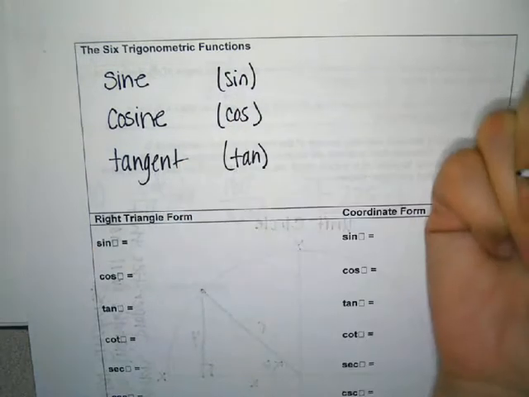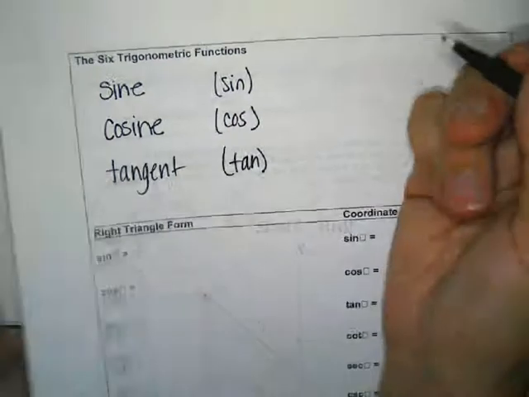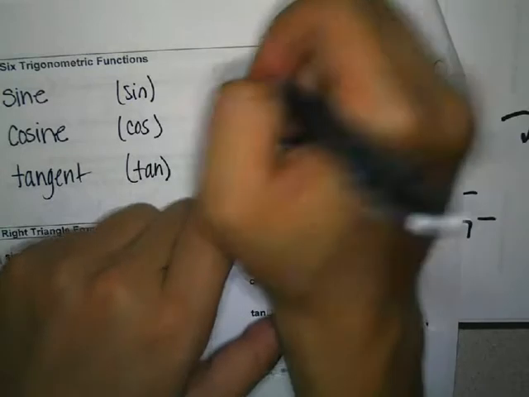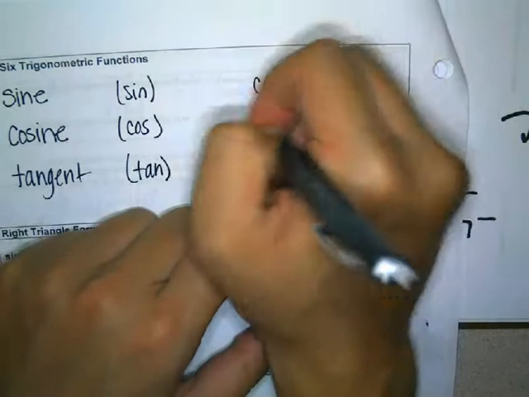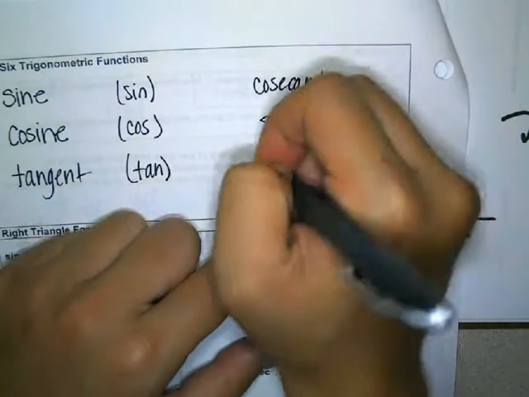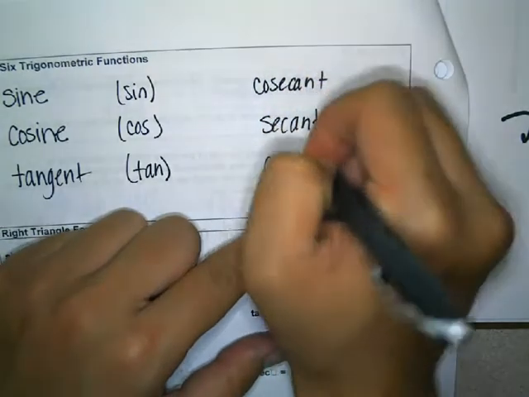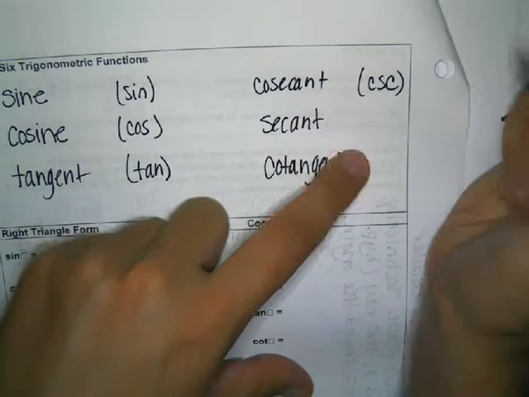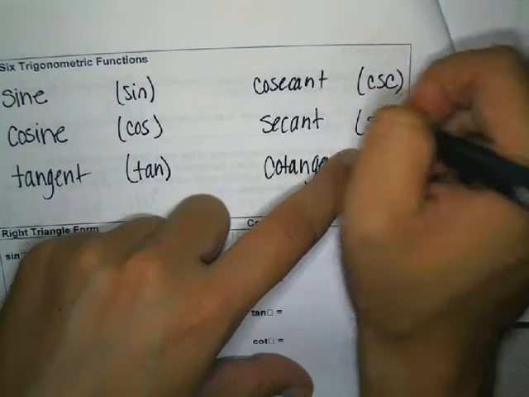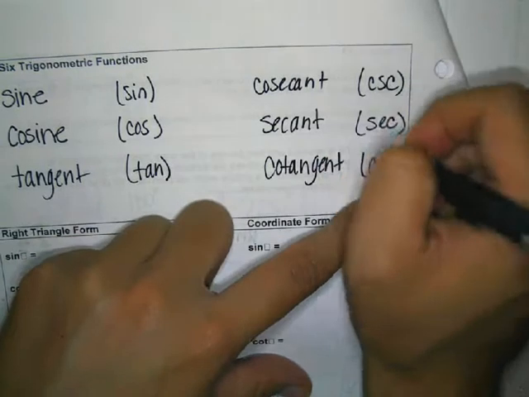These are the 3 most common. The other 3 are cosecant, secant, and cotangent. Abbreviations CSC, SEC, and COT.